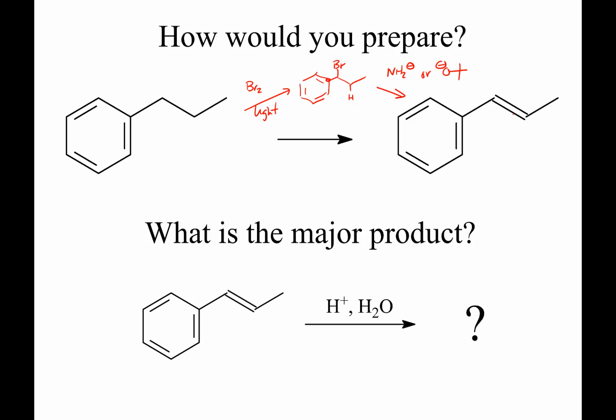Sort of. Conjugation. So that double bond's in conjugation with the ring. And that will be something that we will want to do where possible, is put the double bond in conjugation with the ring.